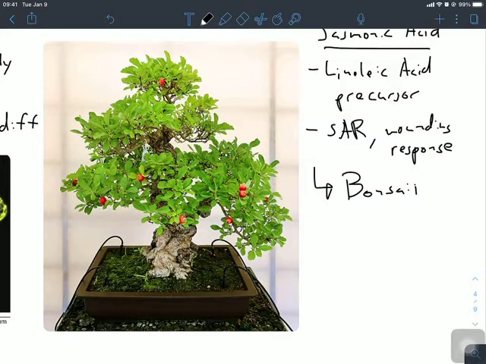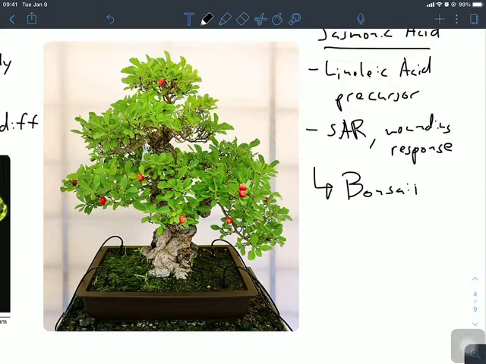So if you have ever bonsai'd something or have seen the beauty that is the art of bonsai, you've witnessed the phenotypic effects of a lot of jasmonic acid in stunting the growth, miniaturizing the growth of what would be a giant tree to be a very adorable tabletop decoration.